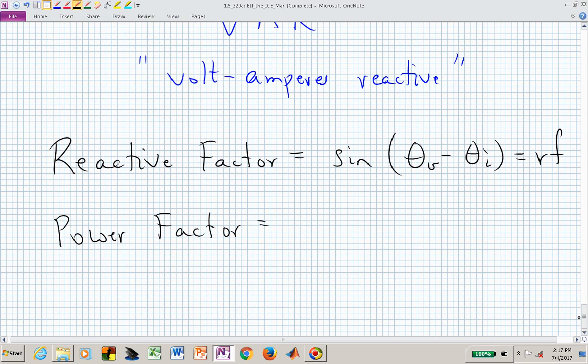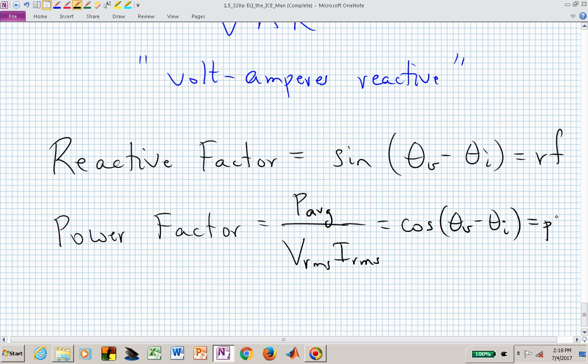The power factor you can anticipate is going to be associated with the cosine factor, and in fact that could be also associated with the average power divided by the magnitude of Vrms Irms, which we will call a different quantity just in a minute, but this is now the cosine of theta sub V minus theta sub I.